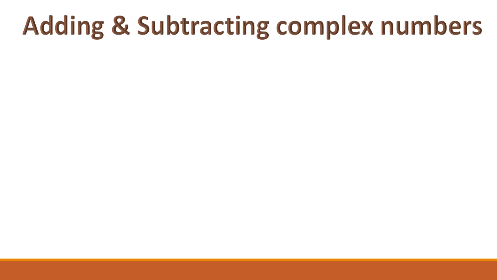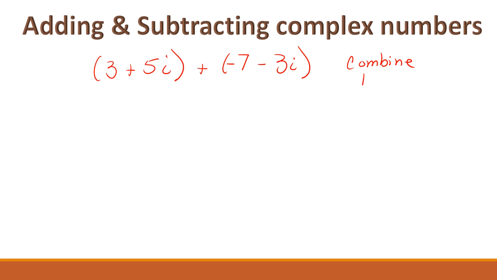Now you can add and subtract complex numbers. For example, 3 plus 5i added to -7 minus 3i can be added together if you combine the like terms.